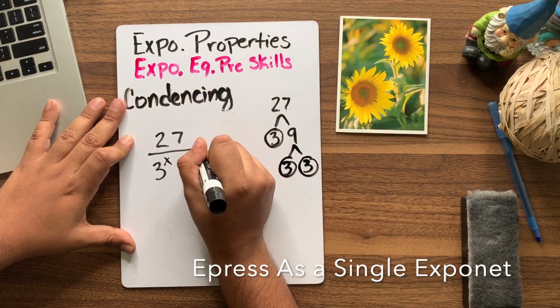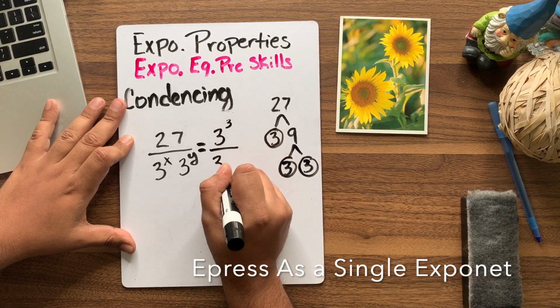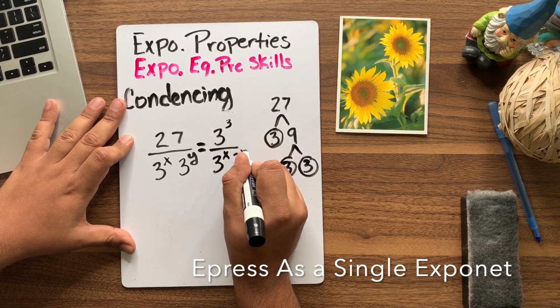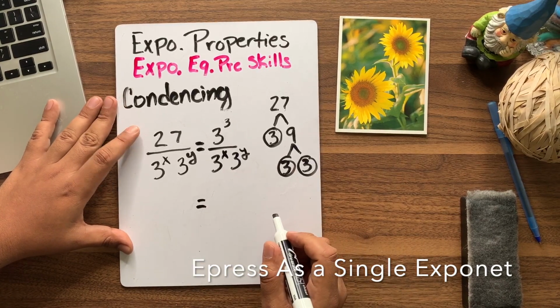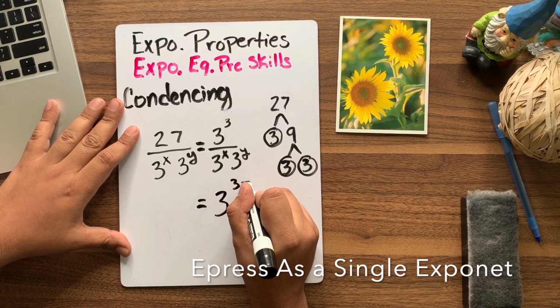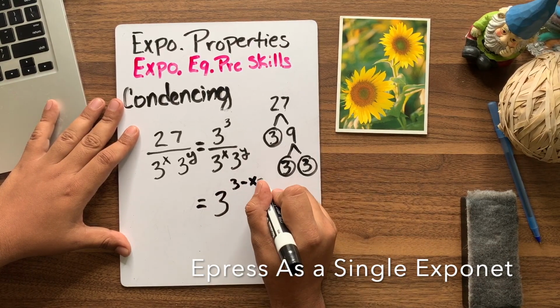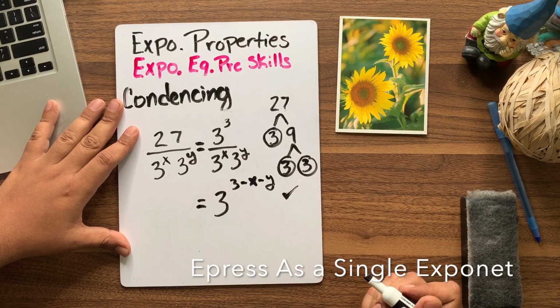So 27 can be written as 3 to the power of 3 over 3 to the x, 3 to the y. Now we're going to condense it. They do have common bases. So the 3 is in the top, the x is in the bottom, so it's a minus, and the y is in the bottom. So that will be my condensing.